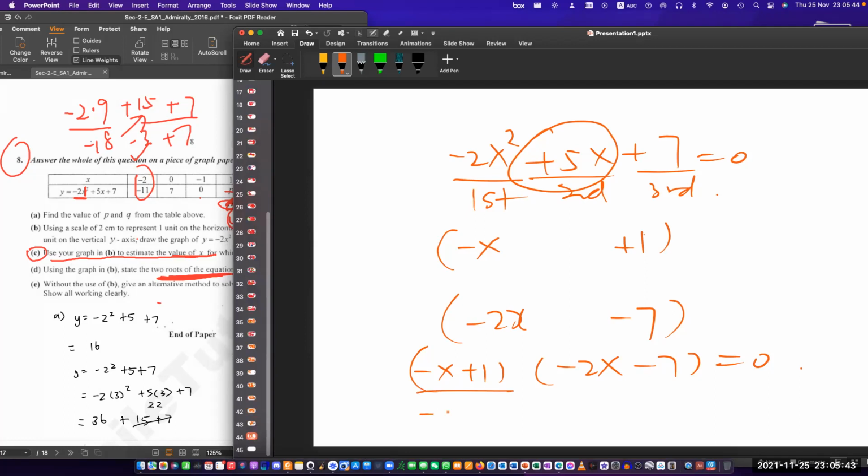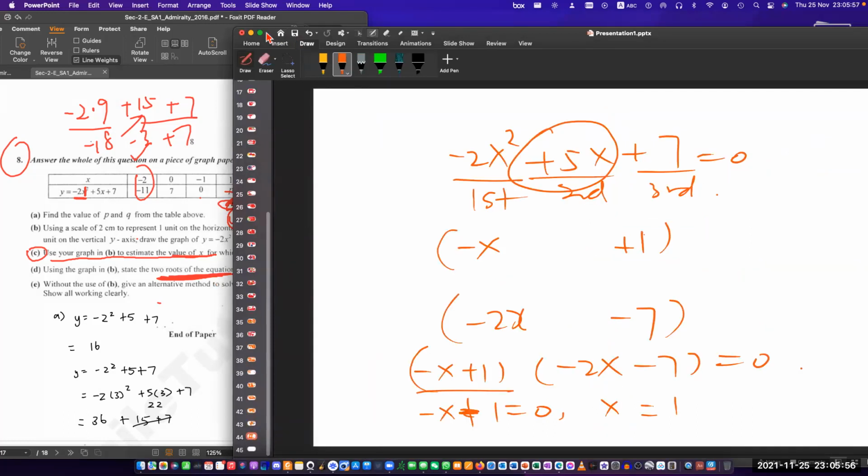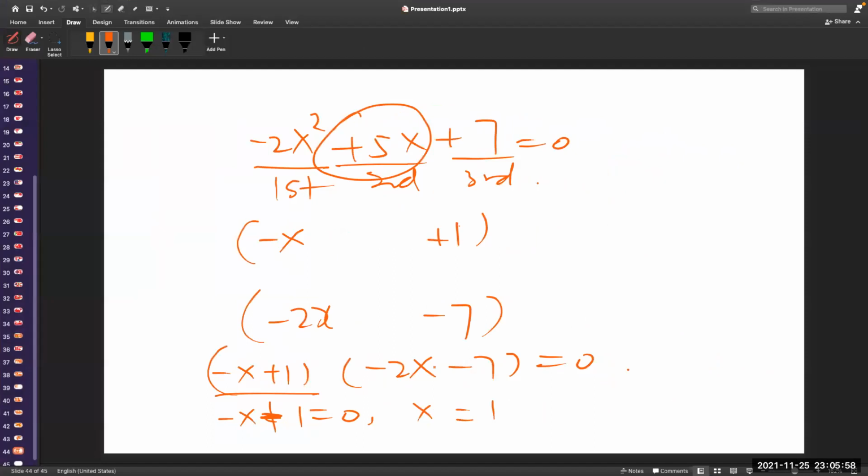So this one equals 0. This will give you x equals 1. Right? Sorry. Then this equals 0. Then this will give you x equals 3.5.